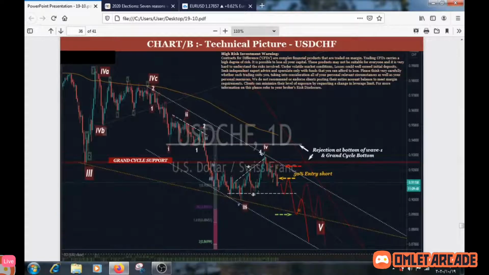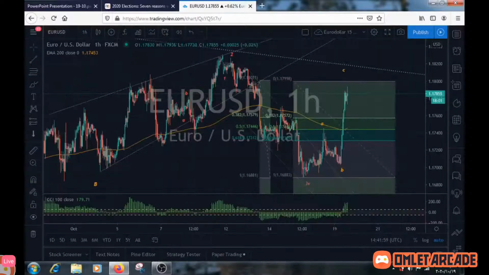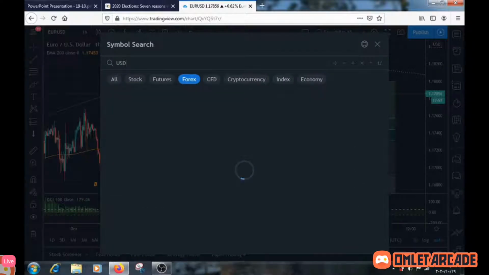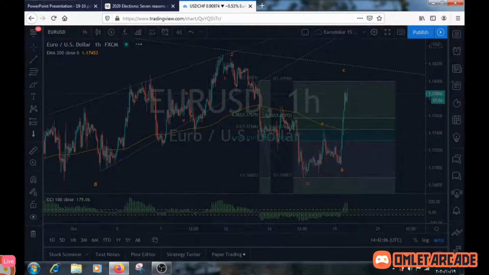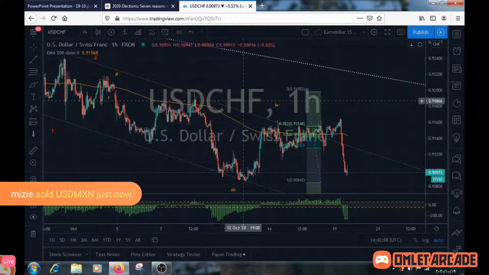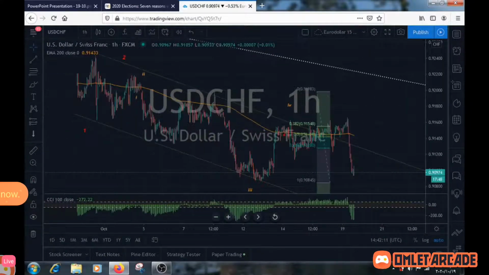United States dollar against the Swiss franc. That must have done good profits today.